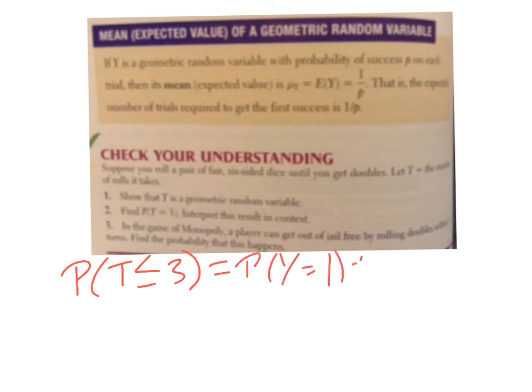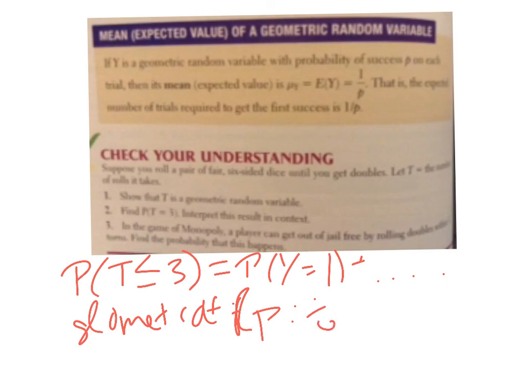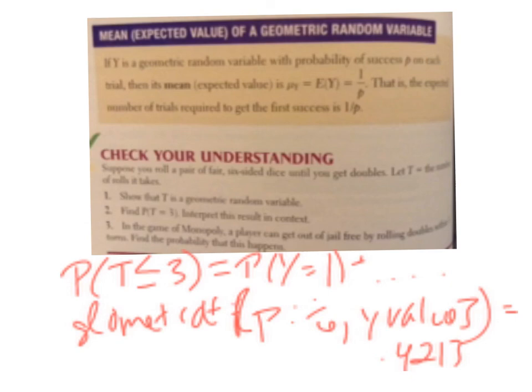Or I can use the geometric CDF because I want a less than or equal to. Plug in my probability of 1/6, my y value is 3, and I get 0.4213, or a 42% chance that I will get a get out of jail free card. All right, we're all set.